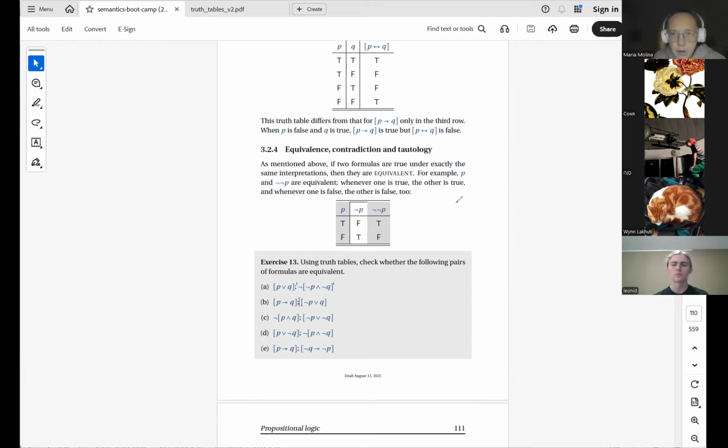So P to Q is false only when P is true and Q is false.